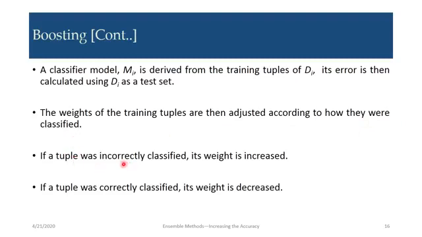If a tuple was incorrectly classified, its weight is increased. If a tuple was correctly classified, its weight will be decreased.